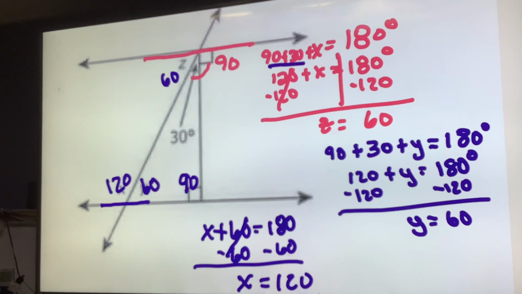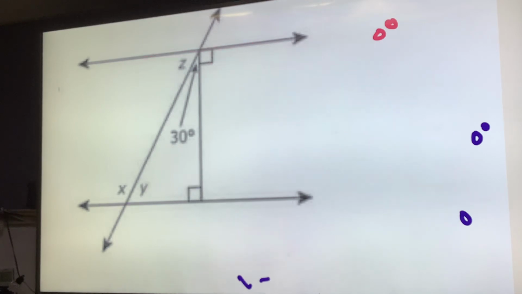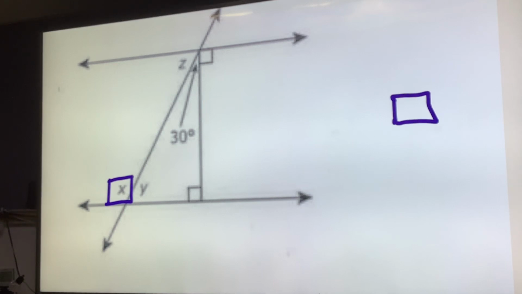Now, let's look at this. Let's just erase this all. I'm going to show you a different way to work it. What if I see this right here as my exterior angle, which is a box, and I have my circle, which is my 30, and my circle here, which is 90. My alternate exteriors are right there looking at me.